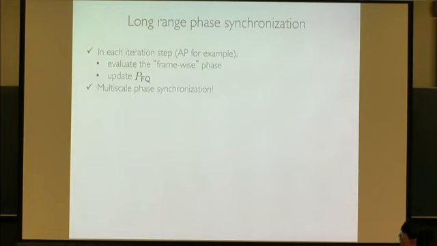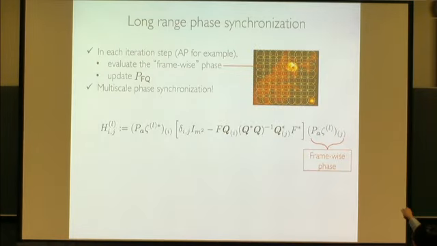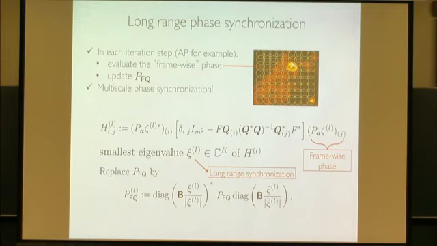The main idea behind it is you have this image for every frame. In every step of iteration, you evaluate an average phase, and you synchronize around all the images, and then you update your PFQ. Okay, and the final algorithm, if you put everything together, we will call synchro RA or synchro AP or synchro whatever.